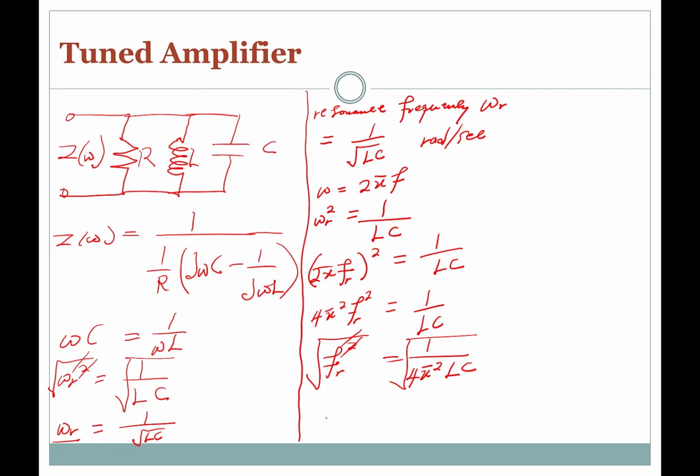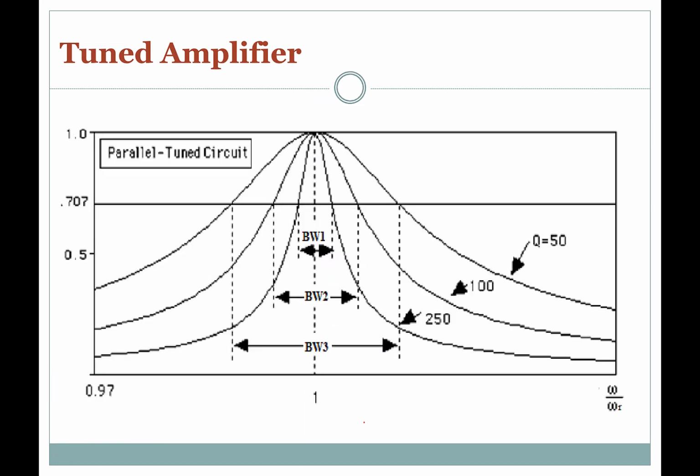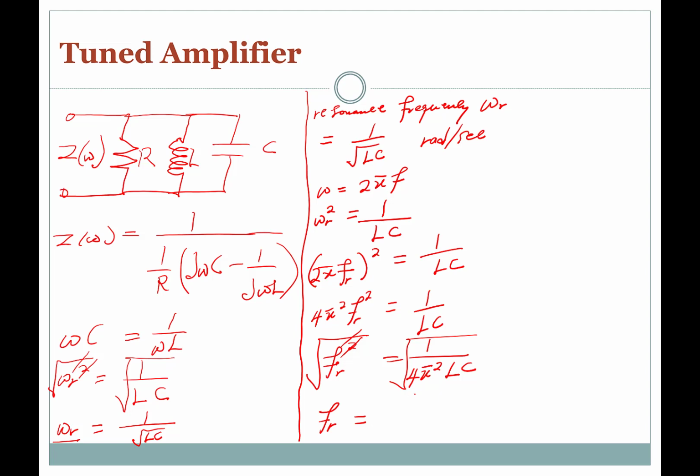This will still remain 1, so we'll have fR equals 1 divided by the square root of 4, which is 2, and then of course the square root of pi squared. This will cancel, so we'll have pi, and then we'll have root LC. So that leaves us with the resonance frequency for a tuned amplifier.